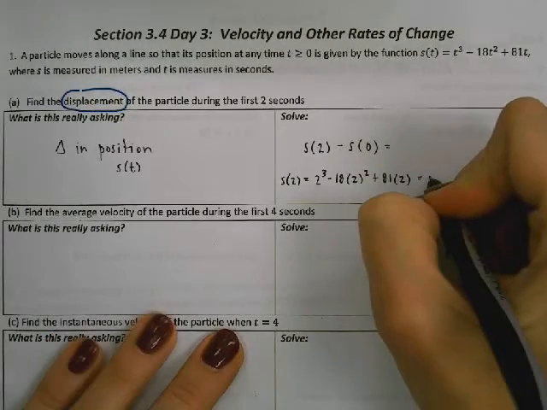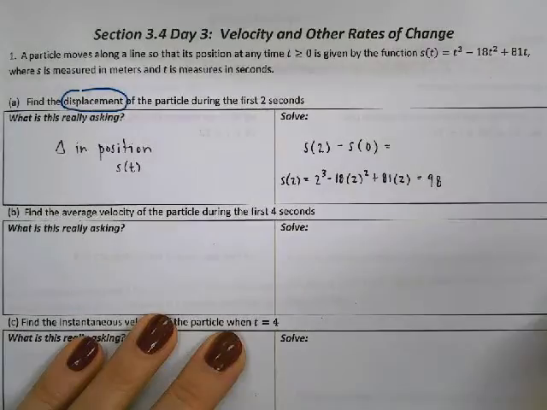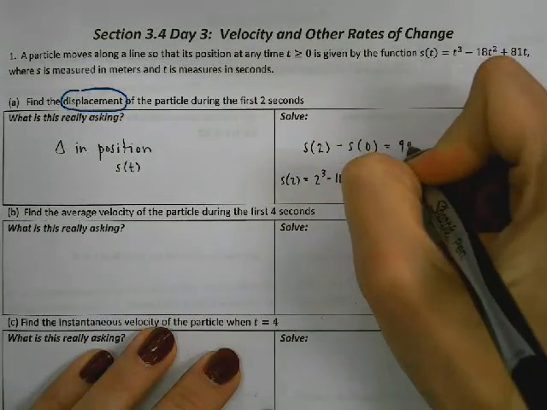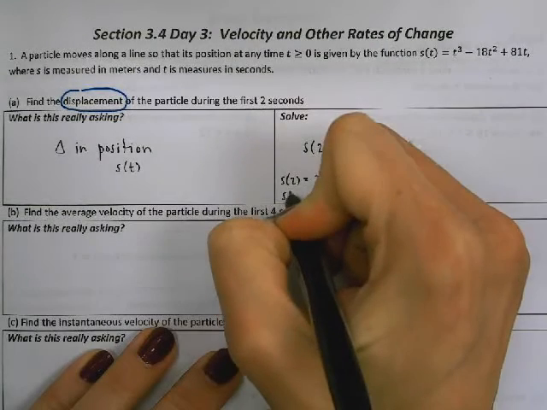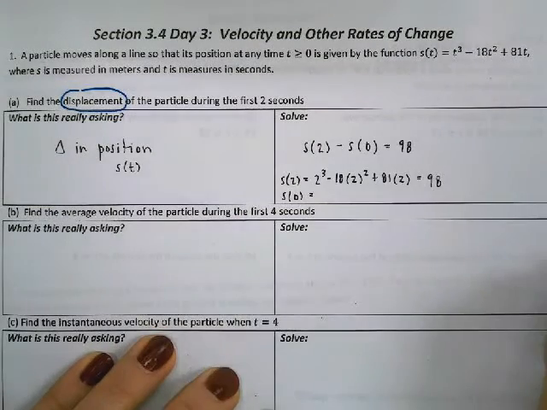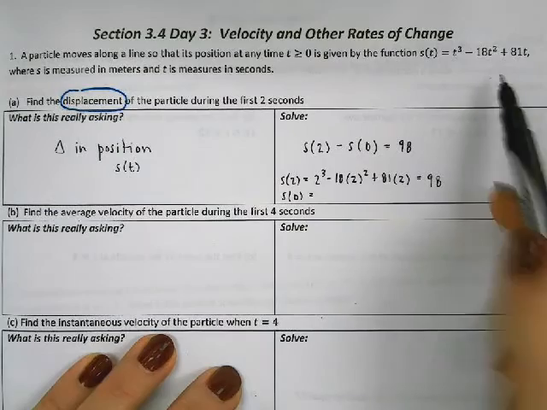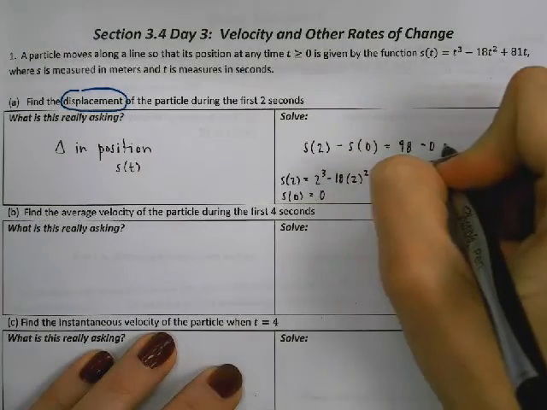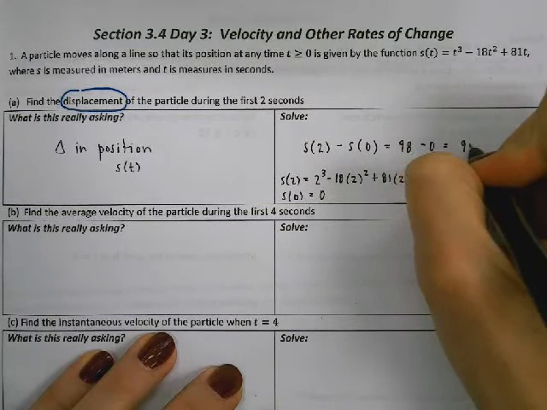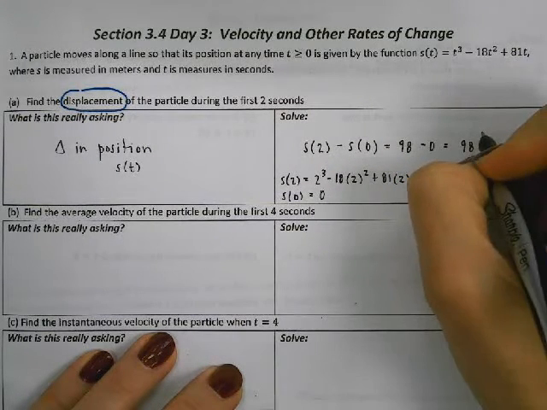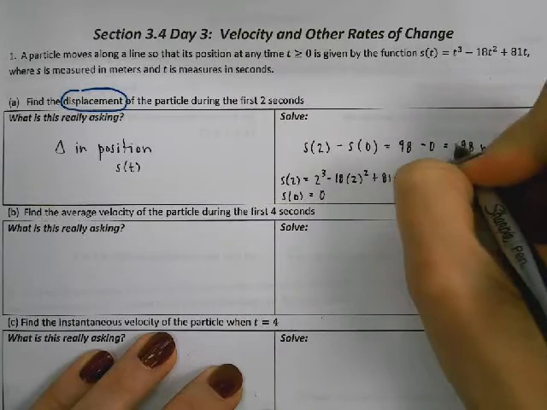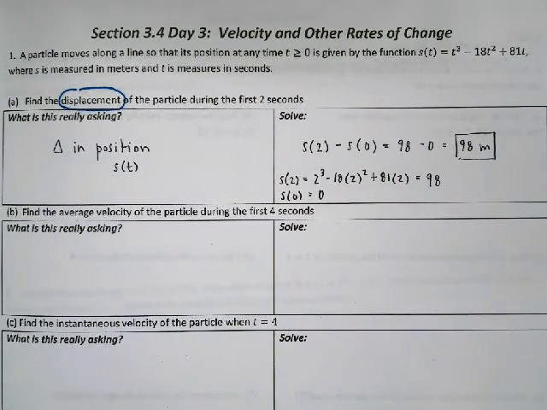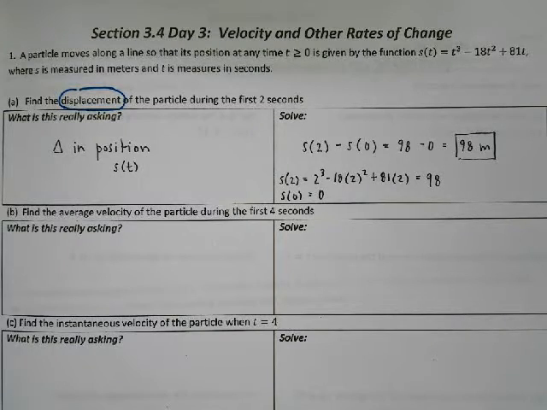If I calculated that correctly, which I'm sure you'll let me know if I didn't, s of 2 is 98. s of 0 is a lot easier to figure out. Since I have no constant terms here, s of 0 is just 0. So my displacement over those 2 seconds is 98, and my units are meters. That means my object is 98 meters to the right of where it started.